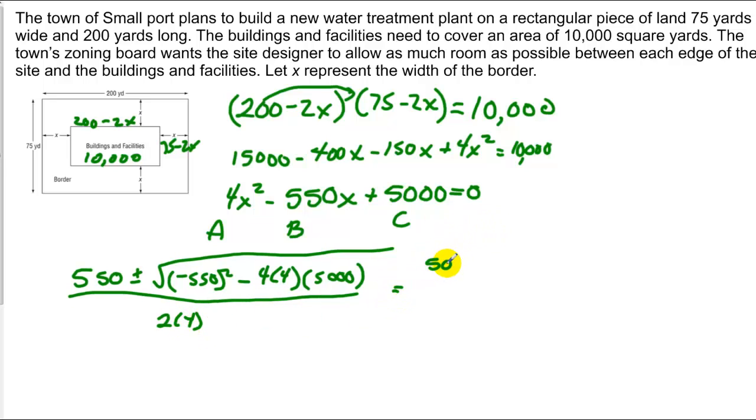So this is 550 plus or minus the square root of 222,500 over 8.